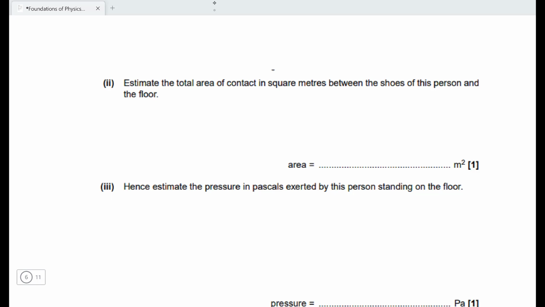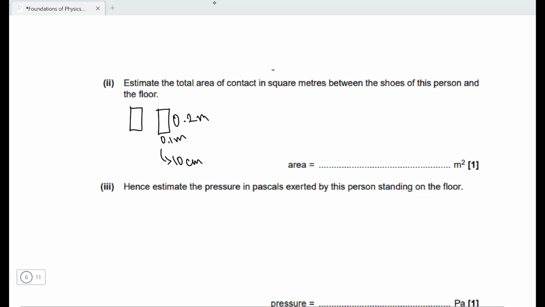Okay, next one. Estimate the total area of contact in square meters between the shoes of this person and the floor. Okay, well, let's assume that this person has two shoes. I'm going to assume that they're rectangles, and let's just keep it simple. Let's assume that they're 0.1 meters, which is about 10 centimeters, and let's assume that the other dimension is 20 centimeters, which is about 0.2 meters.